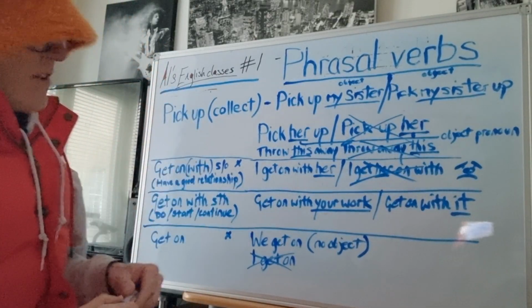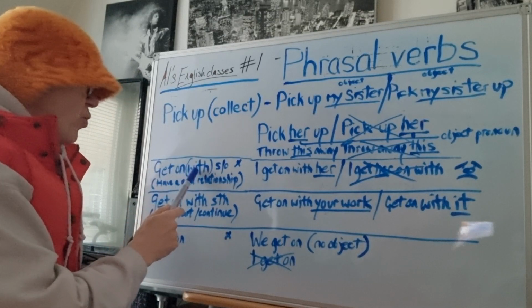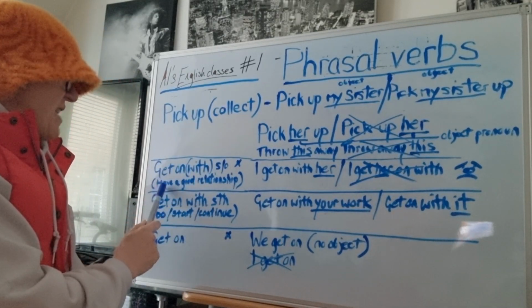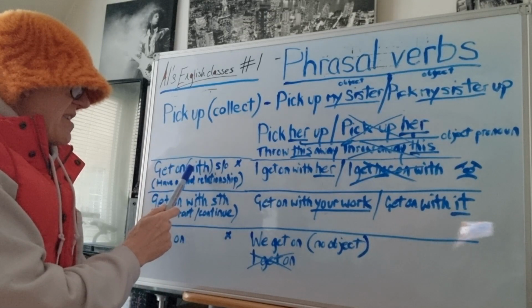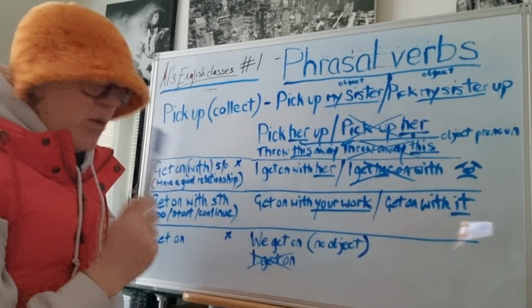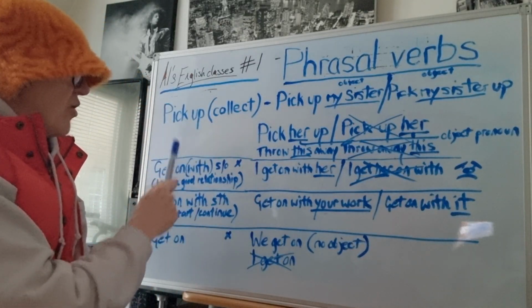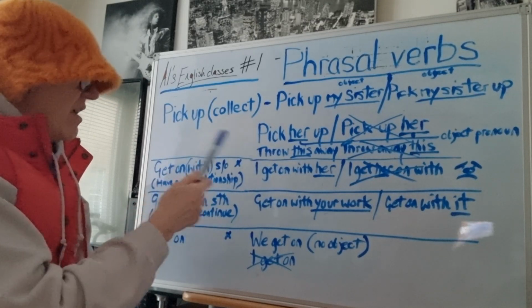Let's look at a different phrasal verb, a phrasal verb with two particles. Get on with someone. Now, get on with someone means have a good relationship. I will explain why this is in parentheses in a moment. But get on with someone, have a good relationship. You could say get on well with someone or get on fine with someone.